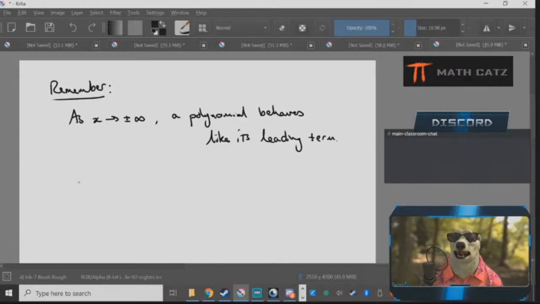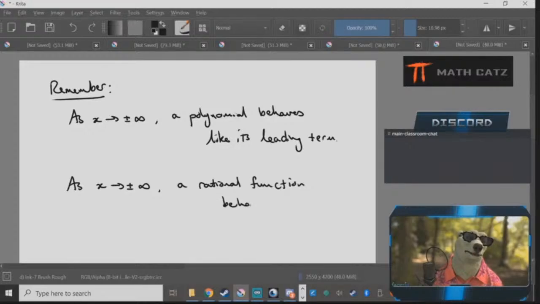So now I want to ask the same thing about rational functions. When I go far to the left or right, a rational function behaves how? That's the question. Now, it's really all good news, because a rational function is just made up of a couple of polynomials.